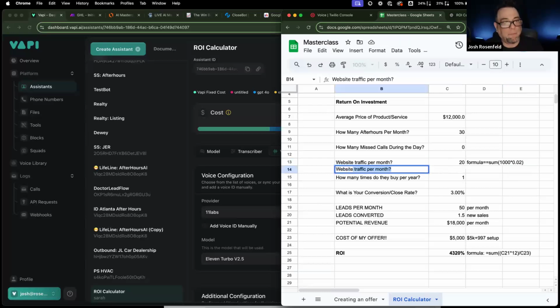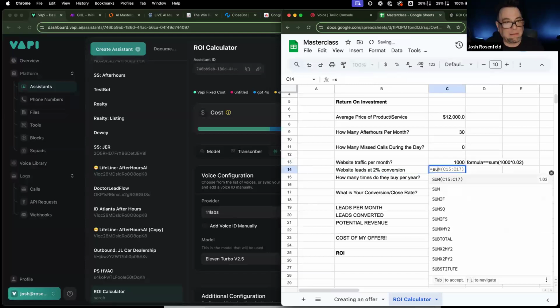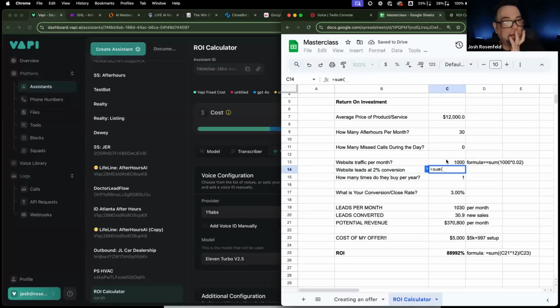Website leads at 2% conversion. So I'll keep this at 1,000, and then I'll make this equal some. It's this times 0.02. Okay, that's better.